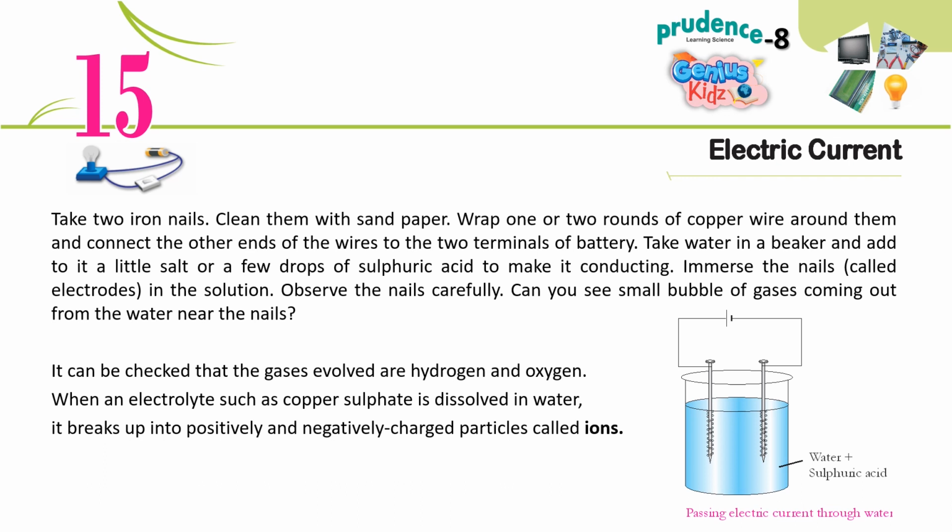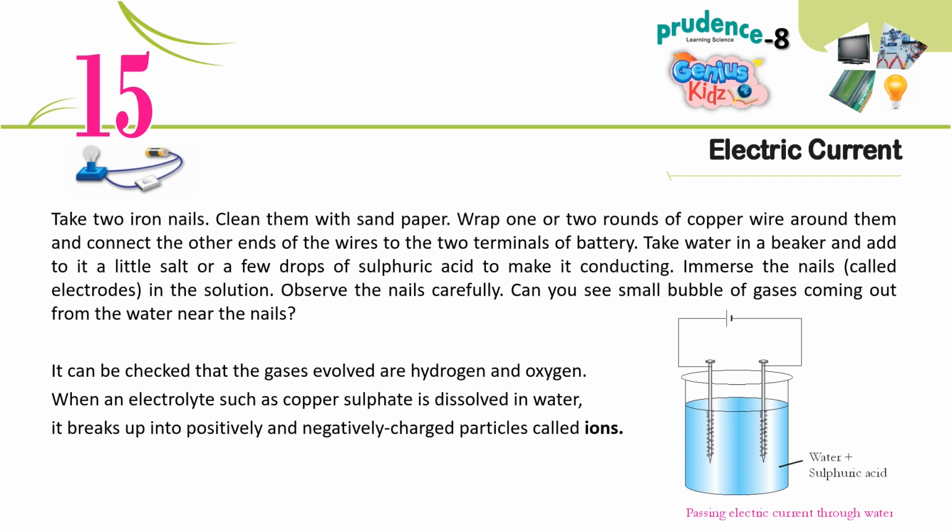Take water in a beaker and add to it a little salt or a few drops of sulfuric acid to make it conducting. Immerse the nails, called electrodes, in the solution. Observe the nails carefully. Can you see small bubbles of gases coming out from the water near the nails? It can be checked that the gases evolved are hydrogen and oxygen.